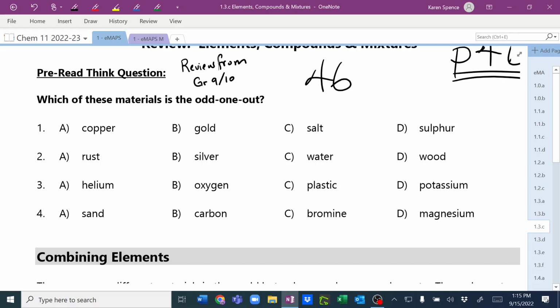So we have A, and then we have B. C is super easy. Can you guess C? C. That one's really easy. And then D can be a little tricky. You're going to take your pointer finger and point it upwards, and the other ones are going to make a circle.